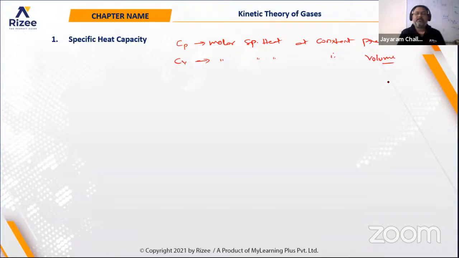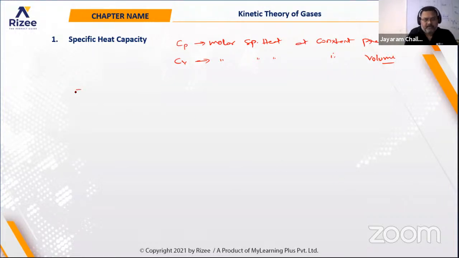Because on raising the temperature, both the pressure and the volume can change. So when you want to study the pressure, we keep the volume constant, and when you are studying the volume, you keep the pressure constant.